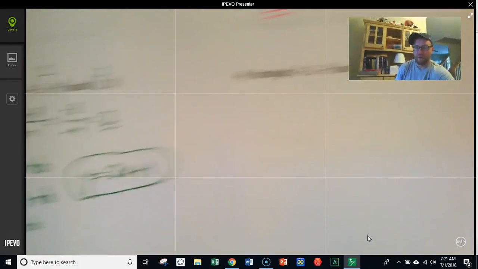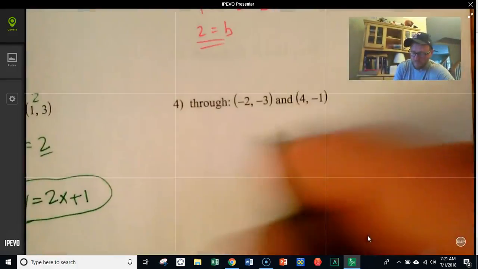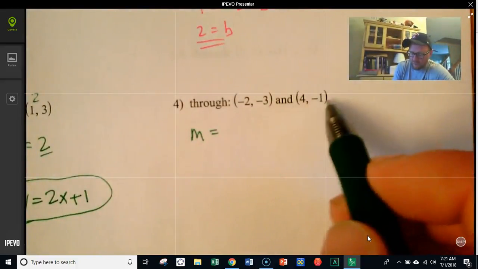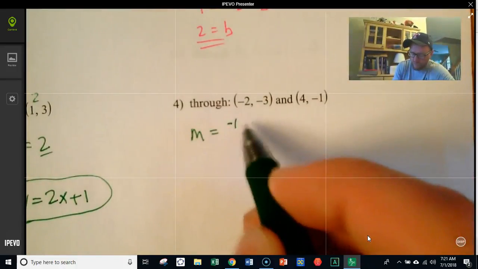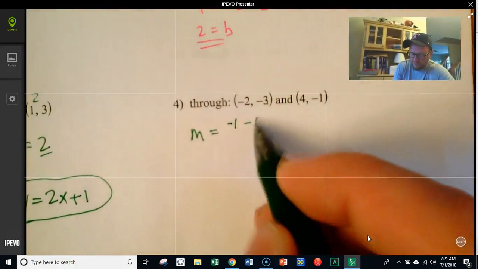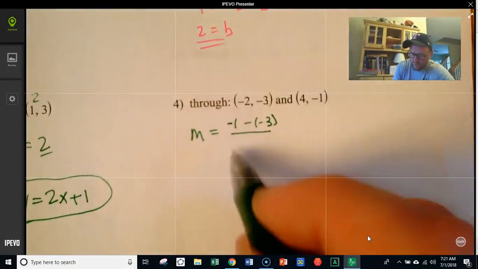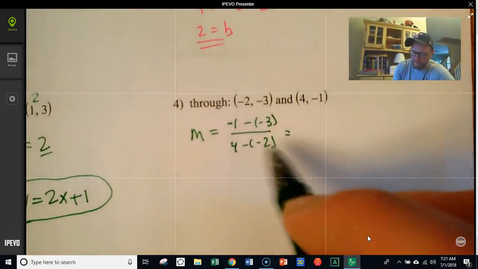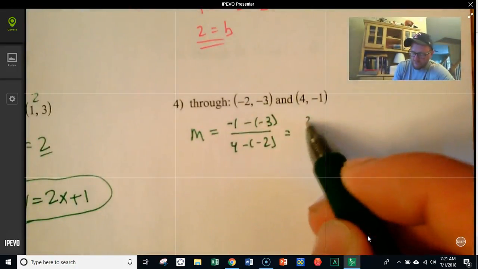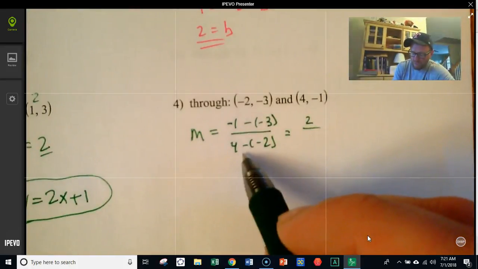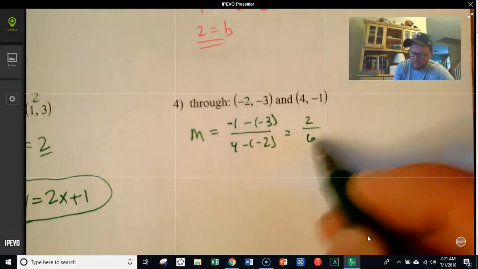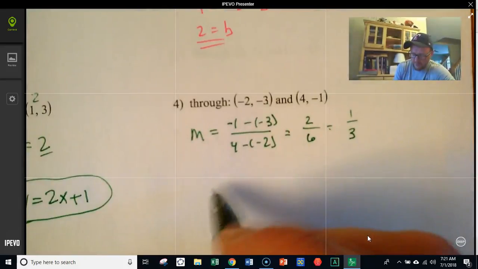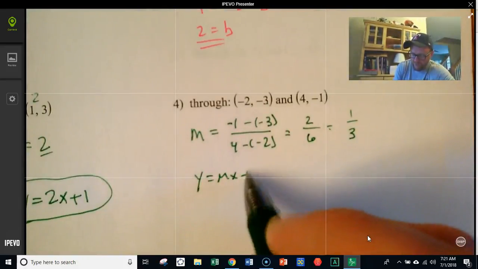Okay. Let's do another one. So m equals, let's see, negative 1 minus negative 3 over 4 minus negative 2. So negative 1 minus negative 3 is 2, and 4 minus negative 2 is 6, and that's 1/3. So y equals mx plus b.